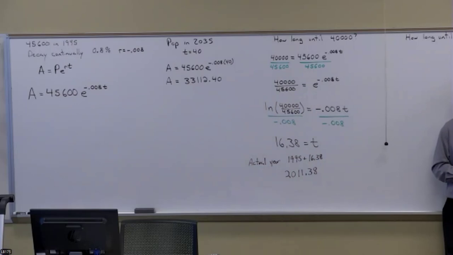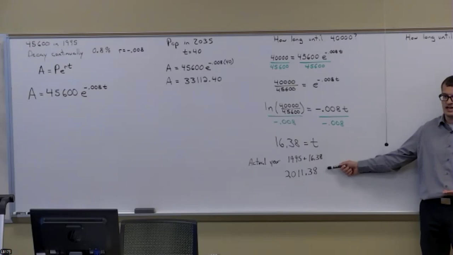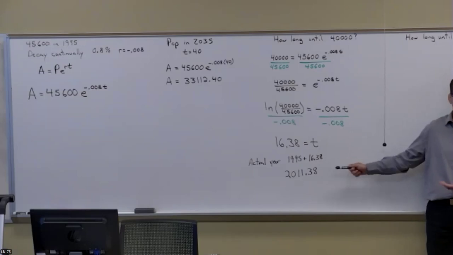So not at the beginning, but you know. Does that make sense? I'm not sure which one Moodle will ask. Depending on the question, it could ask you for the number of years after 1995, or it could ask you for the actual calendar year. All right. So if it asks you for the calendar year, it's talking about 2011.